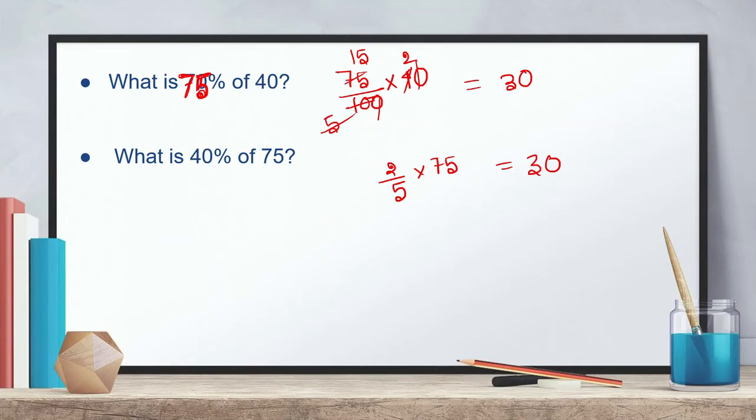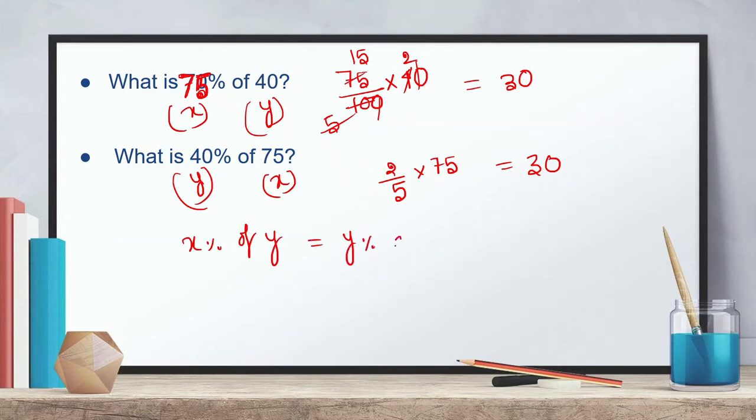So look here, 75% of 40 is equal to 30, and 40% of 75 is equal to 30. In both cases, the answer is the same. And if we consider 75 as x and 40 as y, then we have got x percentage of y equal to y percentage of x, isn't it?